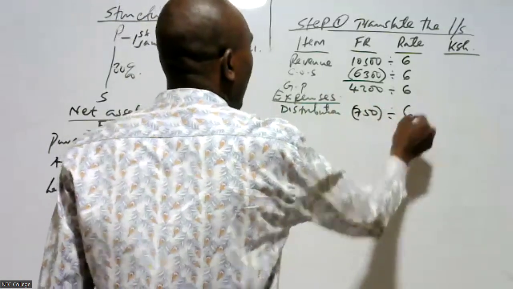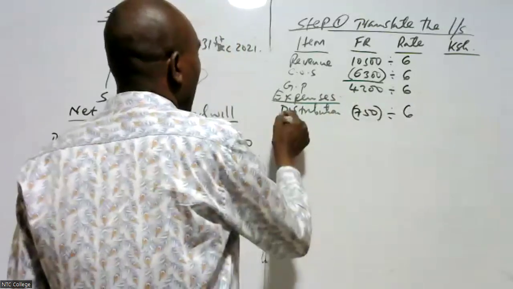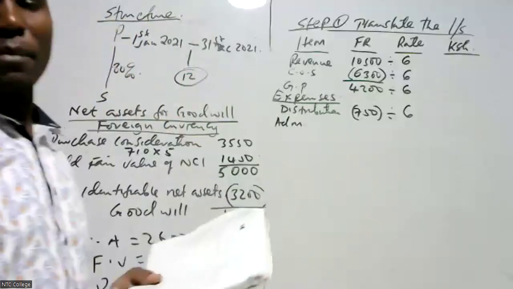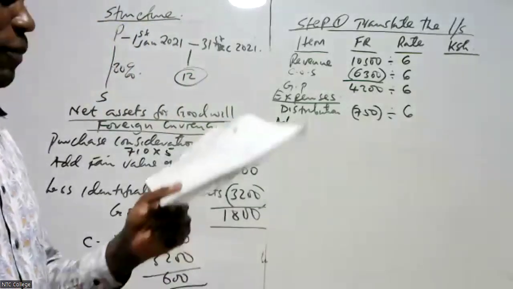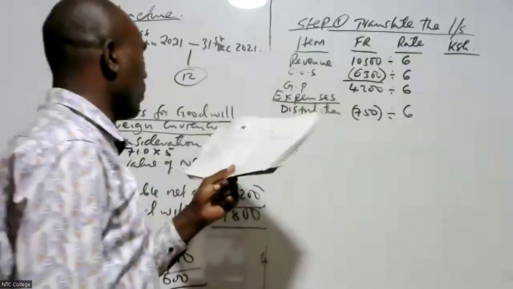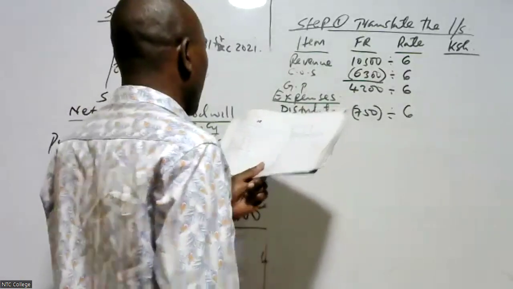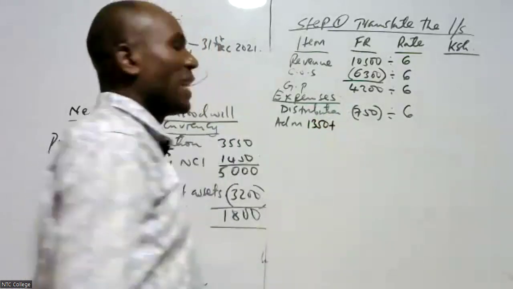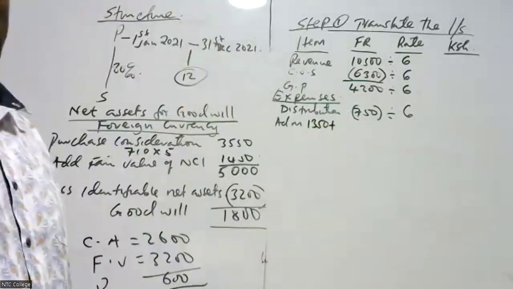Of course, you divide by 6. Admin. Now, when we come to admin, listen very carefully here. We have 1,350, but I'm going to add there the amortization on admin.